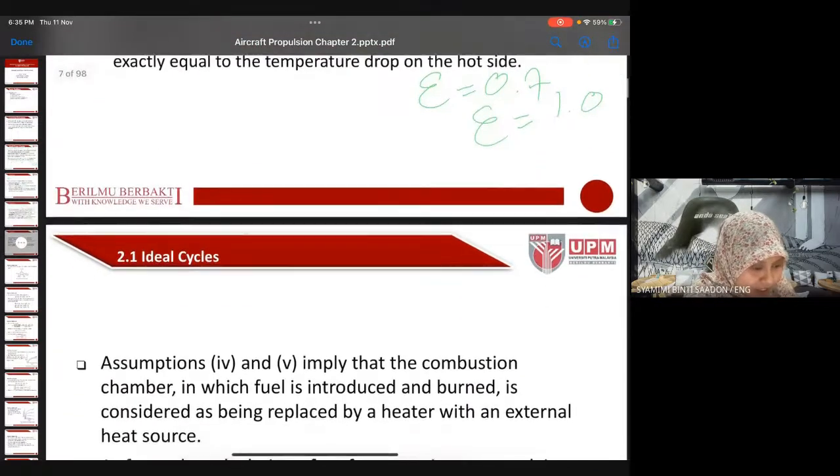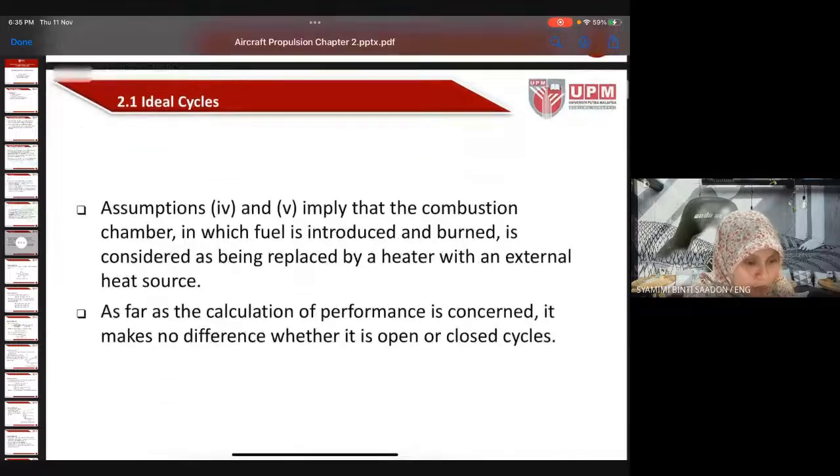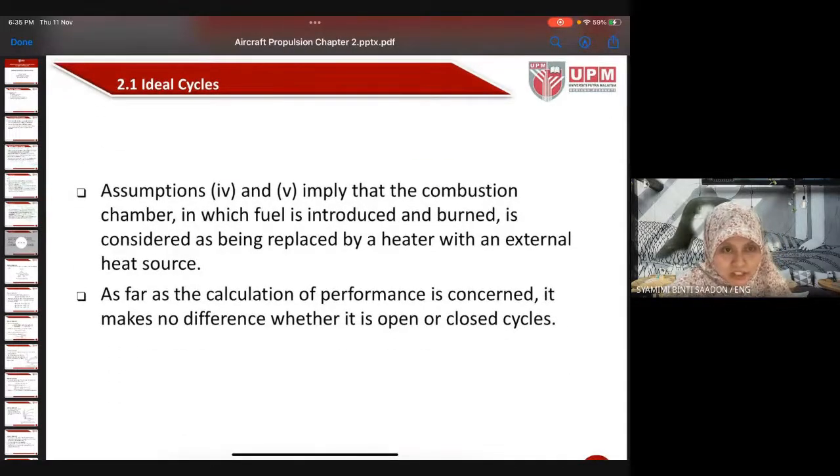So those are the six assumptions that we normally have to mention when we apply this ideal cycle case. Section 4.5 implies that the combustion chamber, in which fuel is introduced and burned, is considered as being replaced by a heater with an external heat source.